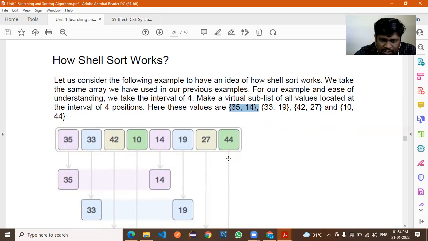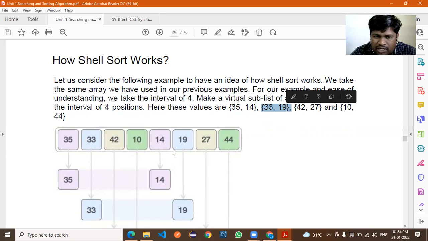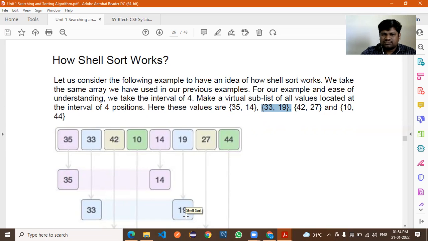After that, 33 and 19 I have considered, right? After that, 42 and 27, right?